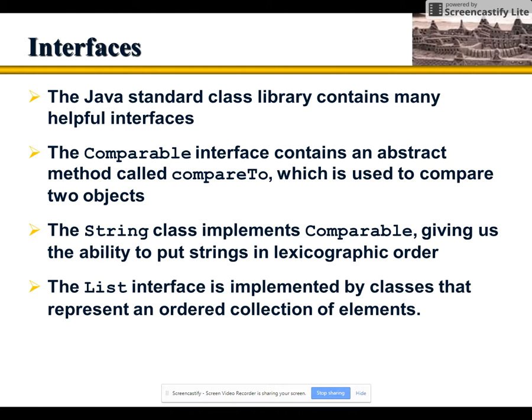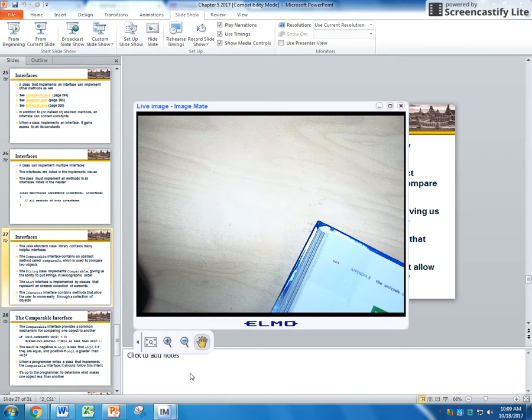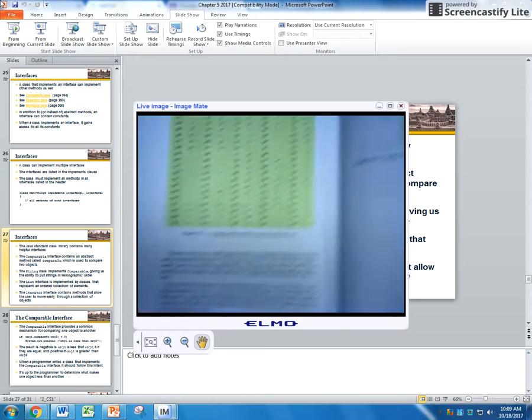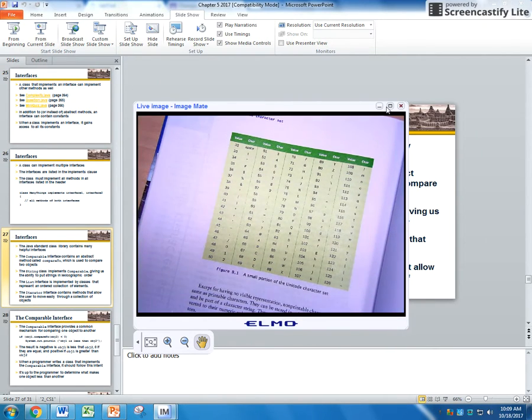I'm going to take a minute to jump out and remind you, if I can find it quickly, and I bet I can. So here again is a snapshot of the Unicode character set.